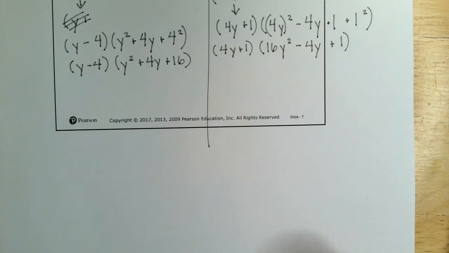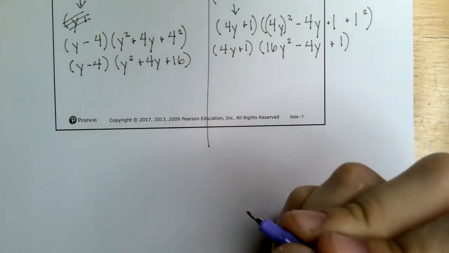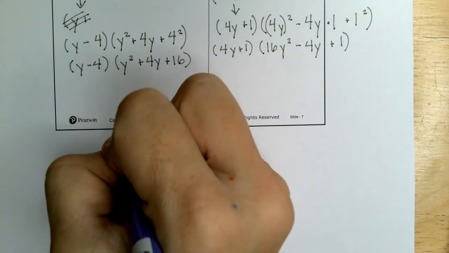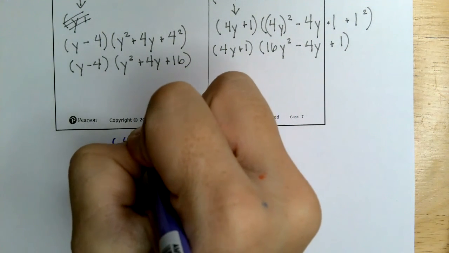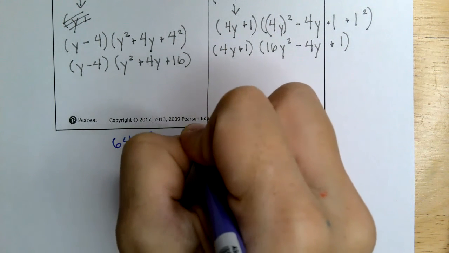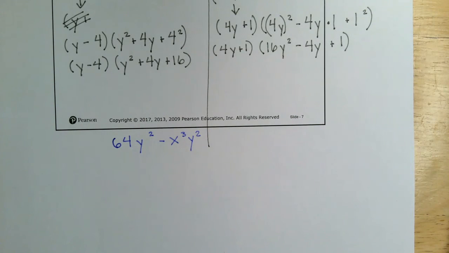Just one more example that shows the factoring technique, okay? If my math lab gave you 64y squared minus x to the third y squared, could you say that those are perfect cubes?